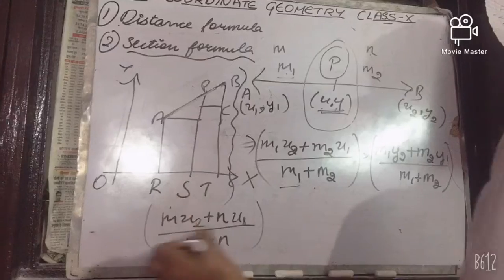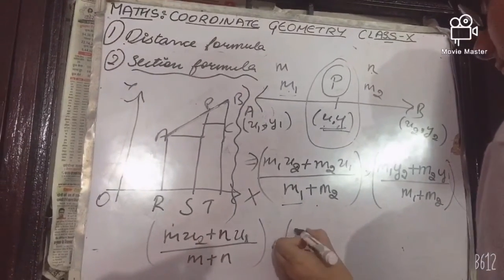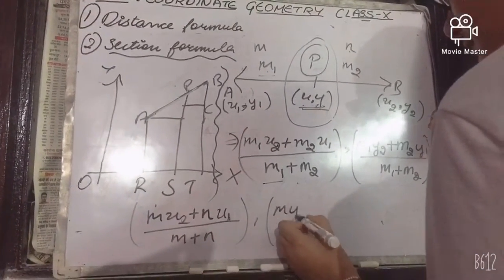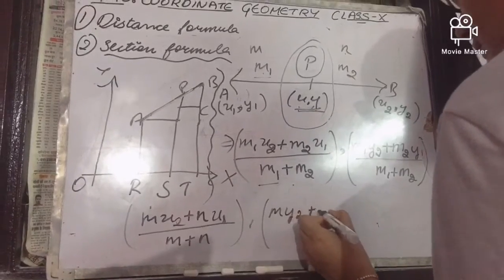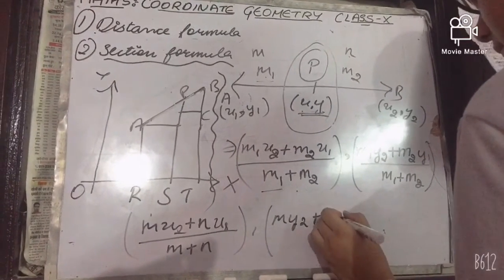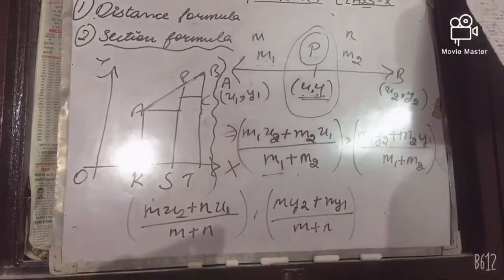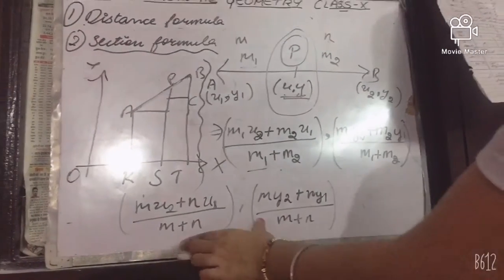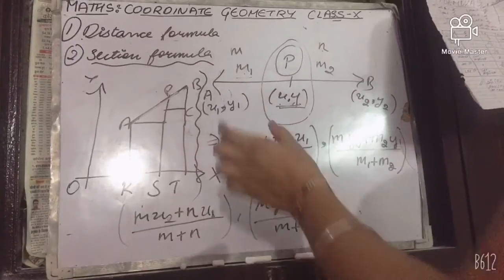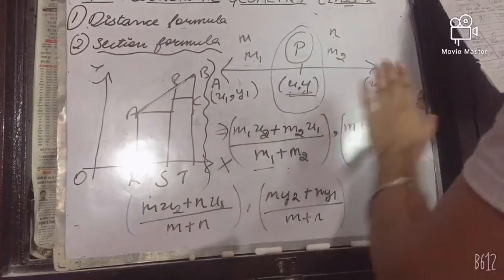So this is for the x coordinate, and then for y we will write m y2 plus n y1, over m plus n. So this is the other formula. You can do it like this also if you are getting confused in m1 and m2.